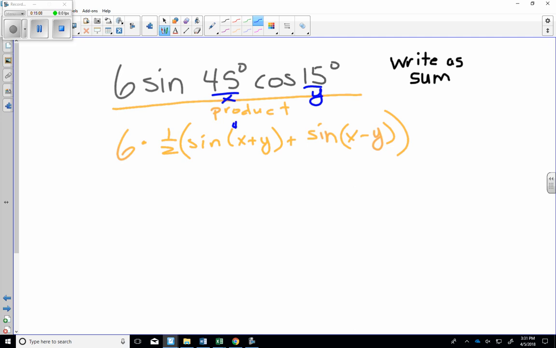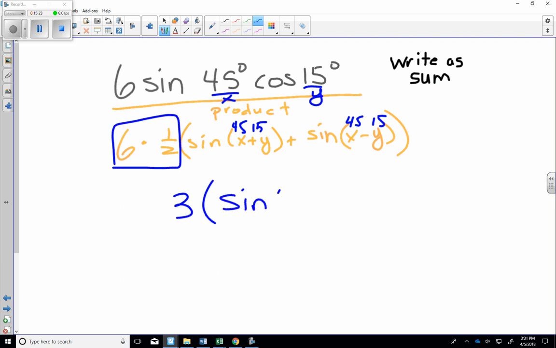So 45 and 15, and 45 and 15. And 45 plus 15 is 60. So hey, we can multiply 6 times 1/2. That's 3 times sine of 60 plus, and 45 minus 15 would be sine of 30.